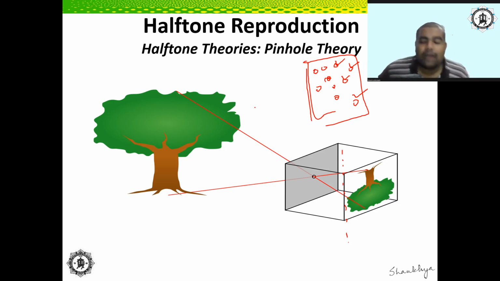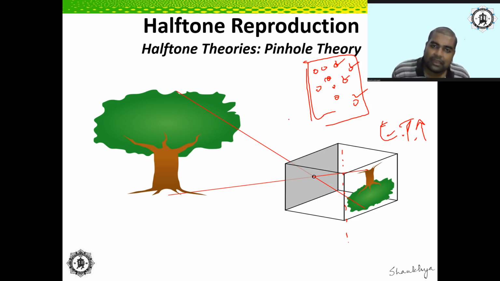Alright. Now pinhole theory also states that when you increase the exposure time, the size of the dot increases. That is another thing. But that is known as dot gain, that I have already explained in the previous class. But even if you maintain very strict control over the exposure time, dot gain will occur.